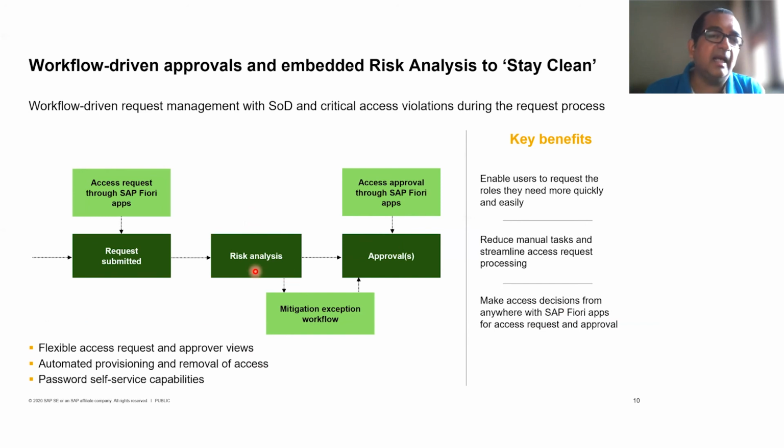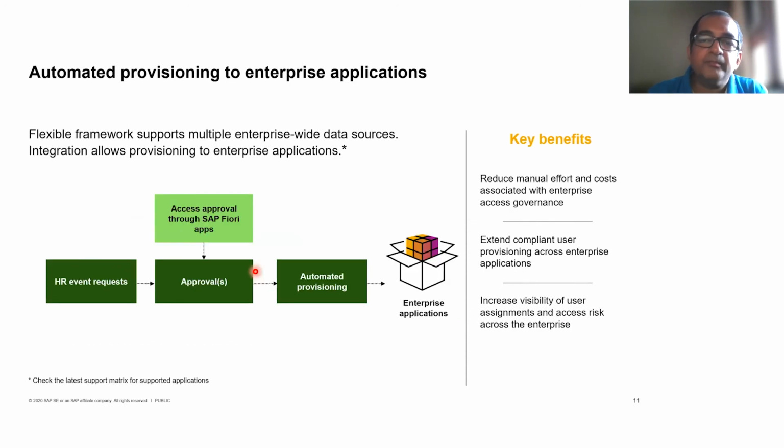The entire risk analysis is done against the rule set that we saw a few slides back. Once any SOD violations have been found, a mitigation exception workflow gets automatically triggered. And if the request gets approved, the entire provisioning to the backend SAP system is also taken care of by the system itself.